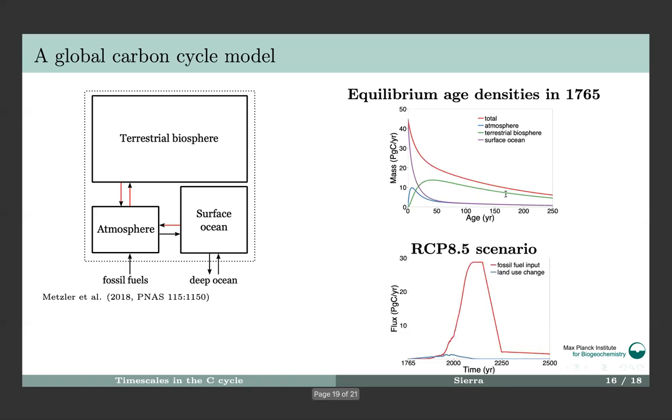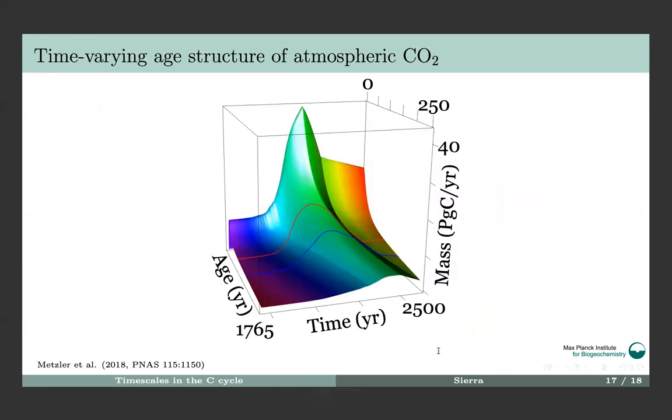We're now going to perturb this global carbon model by adding fossil fuels, and we're going to use an RCP 8.5 scenario just to see how we modify the age distribution of carbon in the atmosphere as we add new carbon into the system. So we now obtain this three-dimensional surface in which we start with an age distribution at equilibrium in the year 1765.